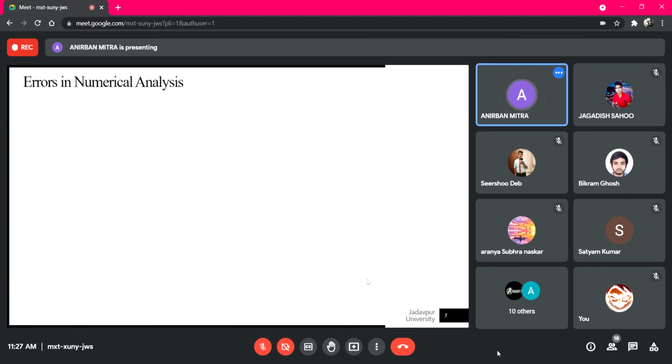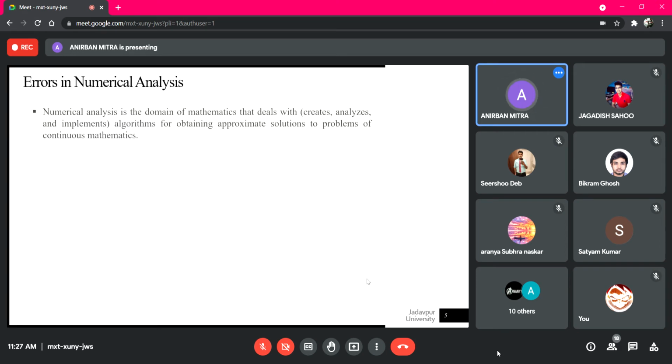So let us now move forward and have a look at the topic of errors in a more formal manner. We have already defined numerical analysis as a problem-solving tool in the domain of mathematics in our previous class. It was also emphasized that it provides approximate solutions to complex engineering problems.